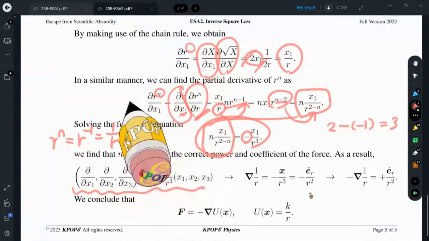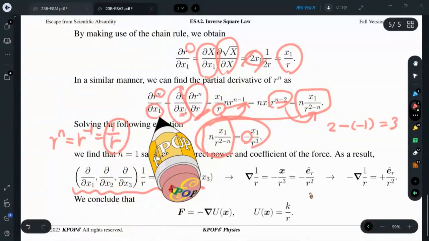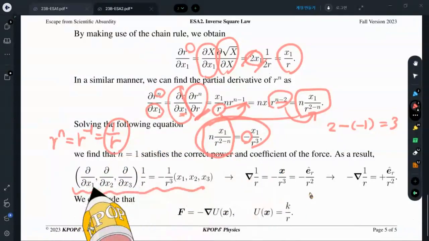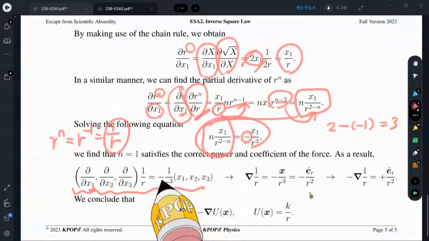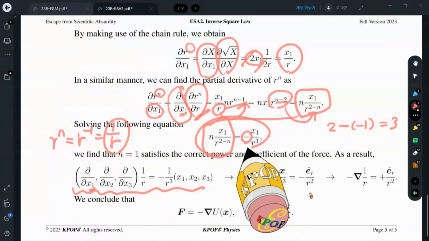What I have done is the derivative of 1 over r with respect to x1. That was this, right? So the x1 derivative is minus x1 divided by r cubed.